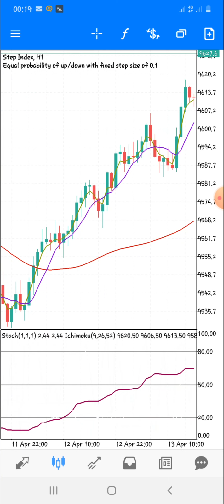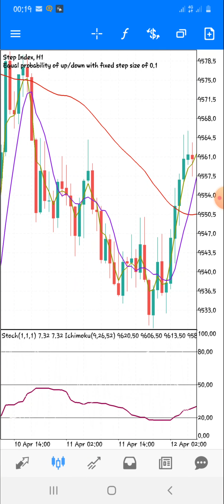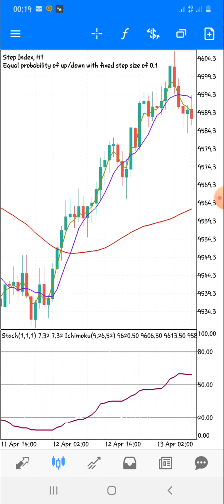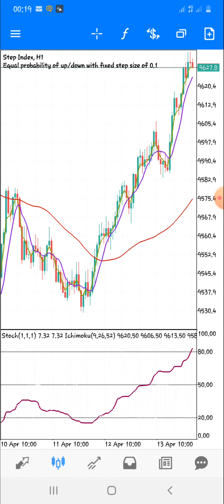But if it is below the purple one, it means it's a sell. And also when the red indicator crosses up above the purple, that is also a buy.